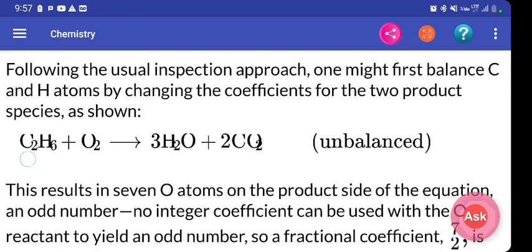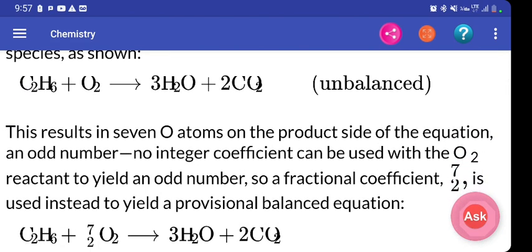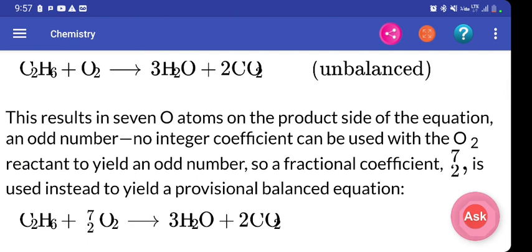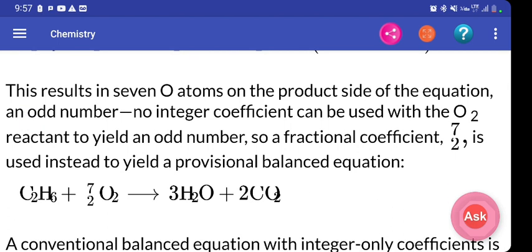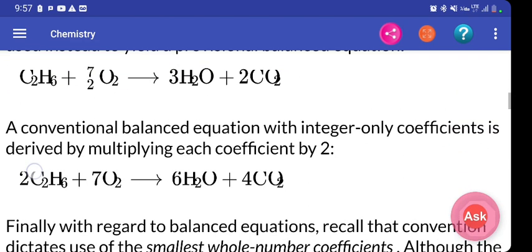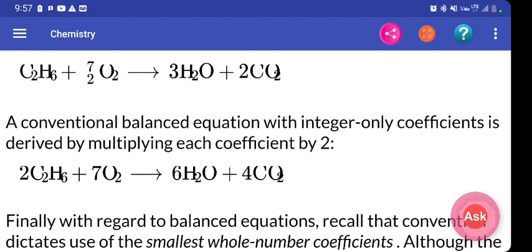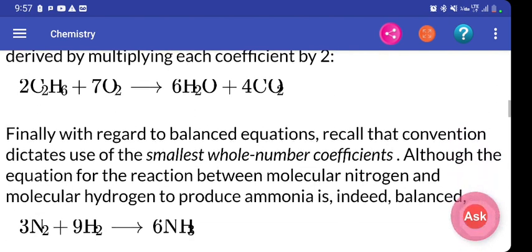This results in 7 O atoms on the product side of the equation, an odd number, and no integer coefficient can be used with the O2 reactant to yield an odd number. So the fractional coefficient 7/2 is used instead, giving the provisional balanced equation. The conventional balanced equation with integer-only coefficients is derived by multiplying each coefficient by 2.